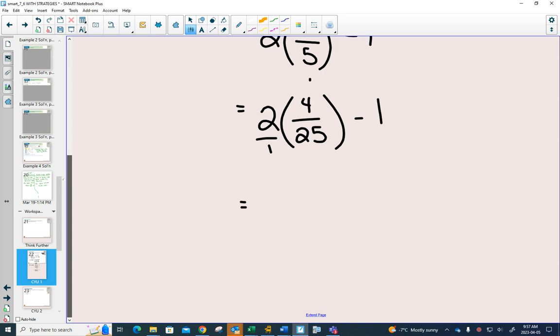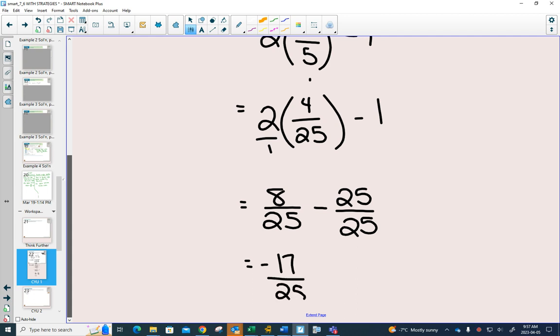Then this 2 is 2 over 1, so how do I multiply fractions? Multiply the tops, multiply the bottoms. How do I subtract fractions? I need a common denominator, so I'll change that 1 to 25 over 25. Which will leave me with negative 17 over 25.